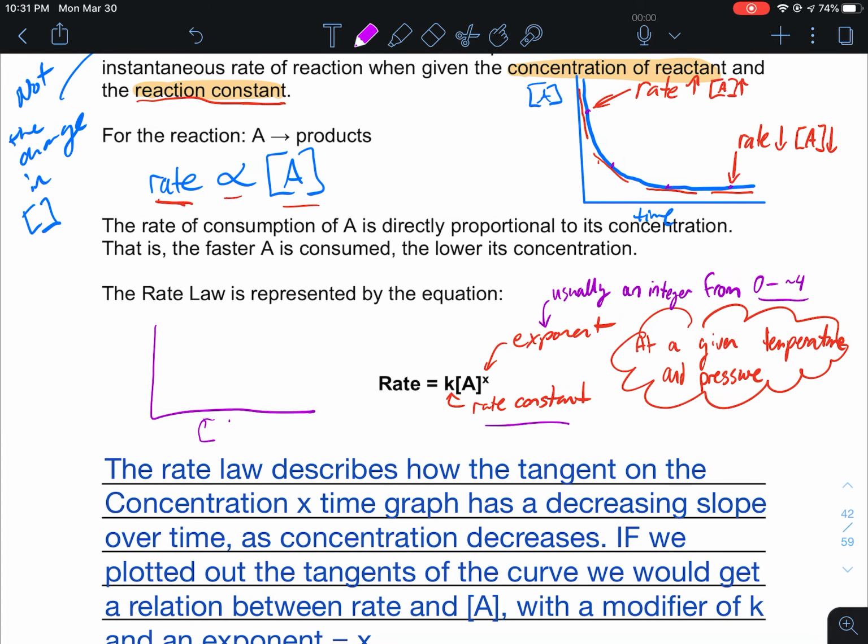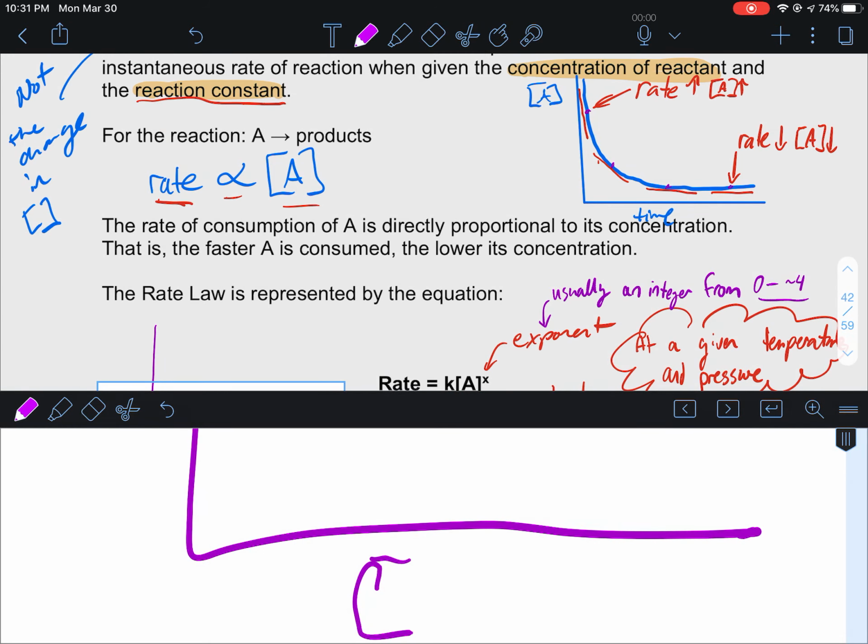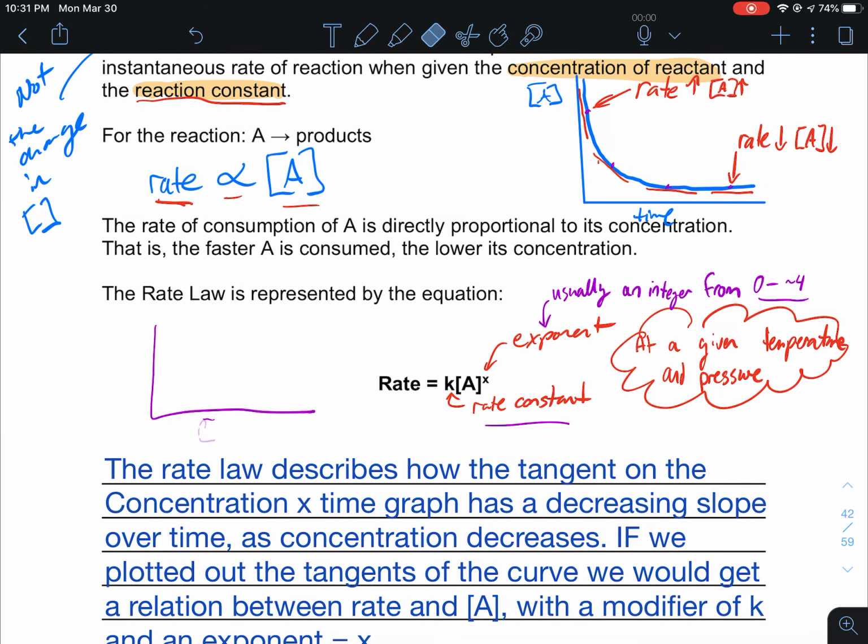So for a given concentration, we get a rate, and that rate, I guess it has to go through 0, will be some sort of line, assuming that this would be x equals 1. It could also be, if we had x equals 2, hopefully you're kind of familiar with your x equals 2.